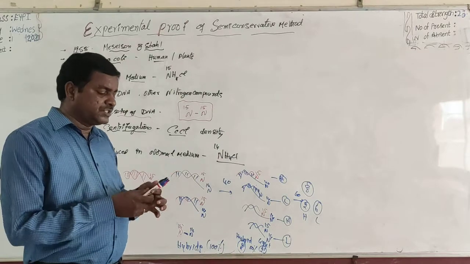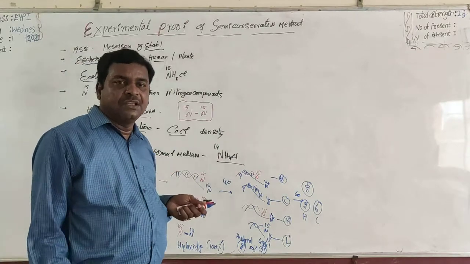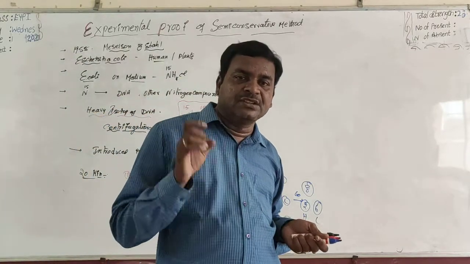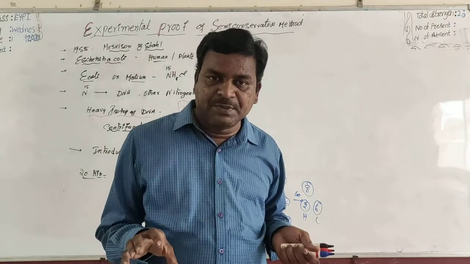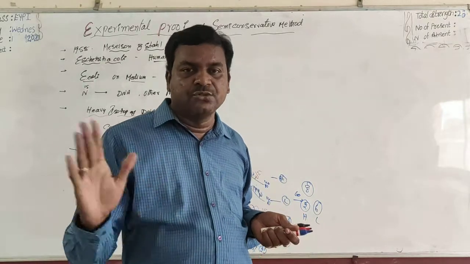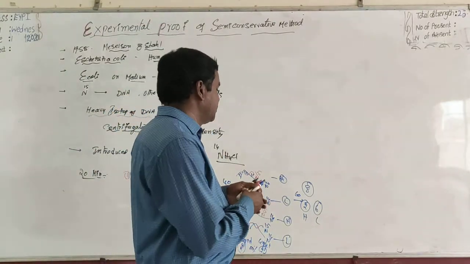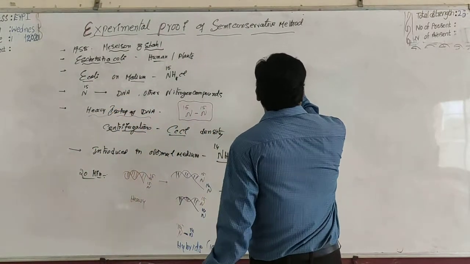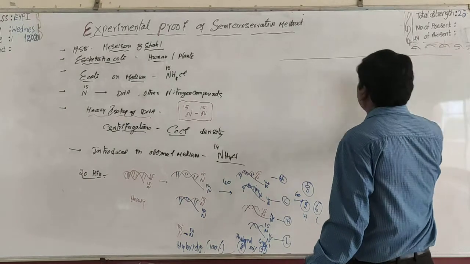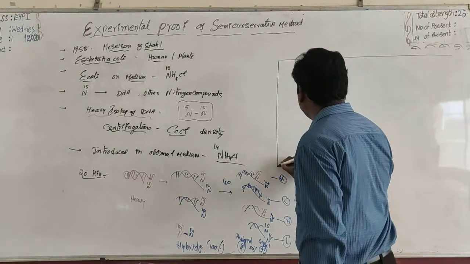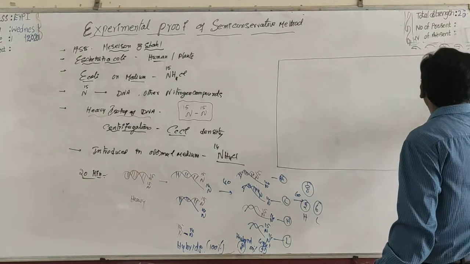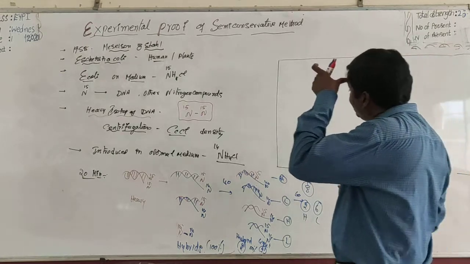Now coming to a simple table that explains the generations and light and hybrids percentages from generation to generation. Very, very important for objective purposes. This is a small table that explains the proportions.